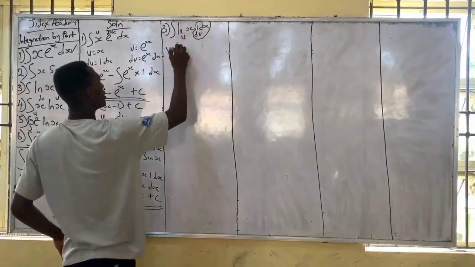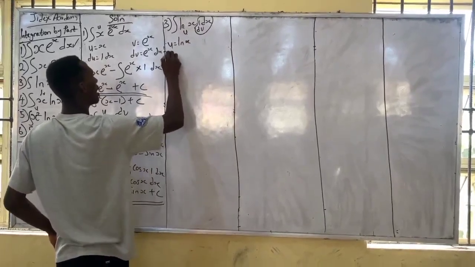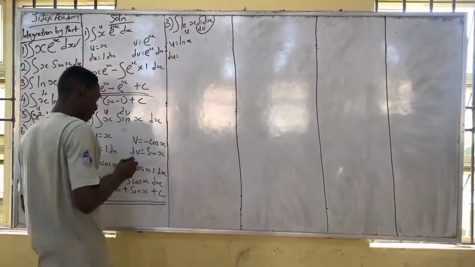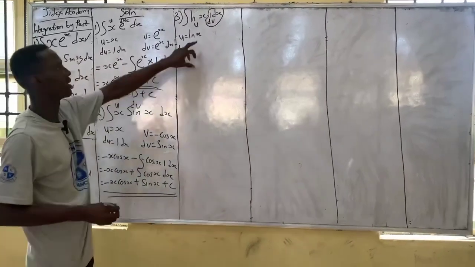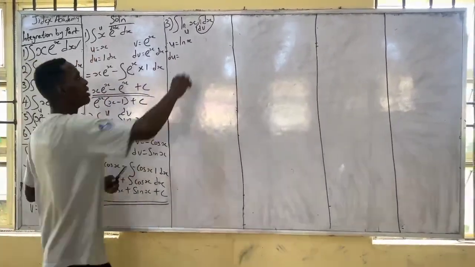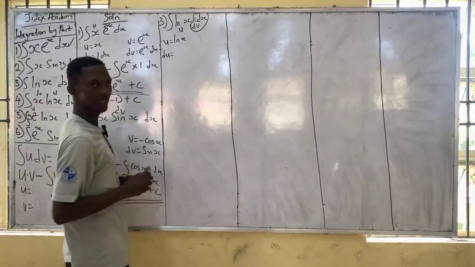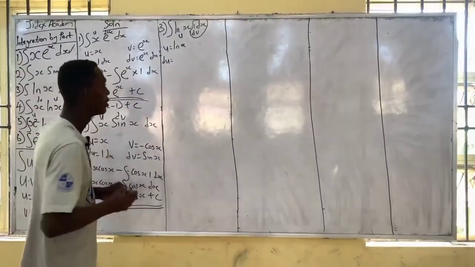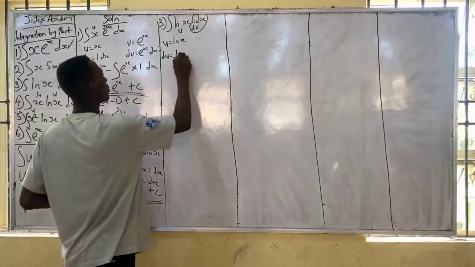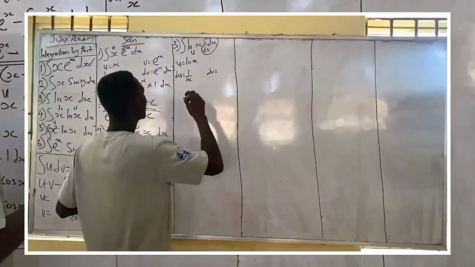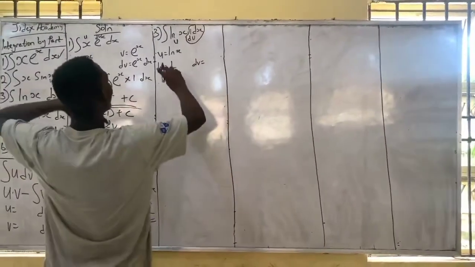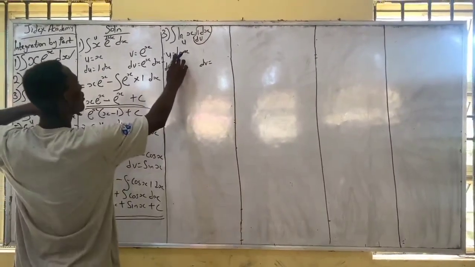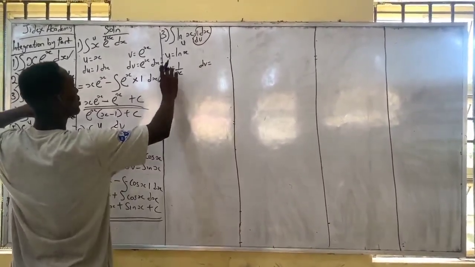So our u is equal to ln x, and our du is equal to what? If I find the derivative of ln x, it is 1 over x. If you do not understand how we got that, go and watch our video on differentiation. So the derivative of ln x is 1 over x.